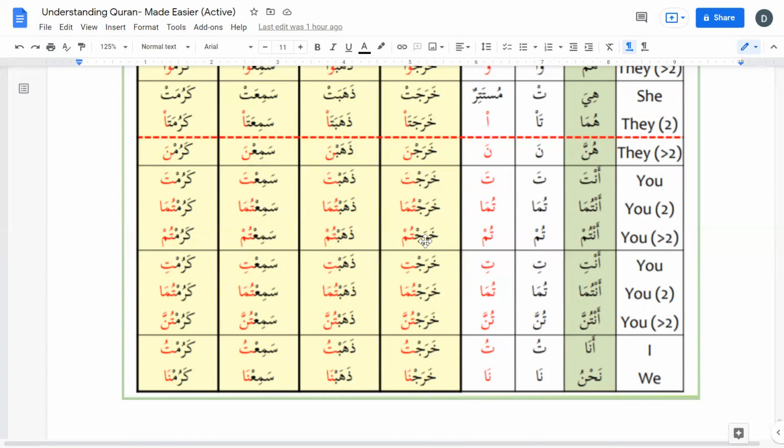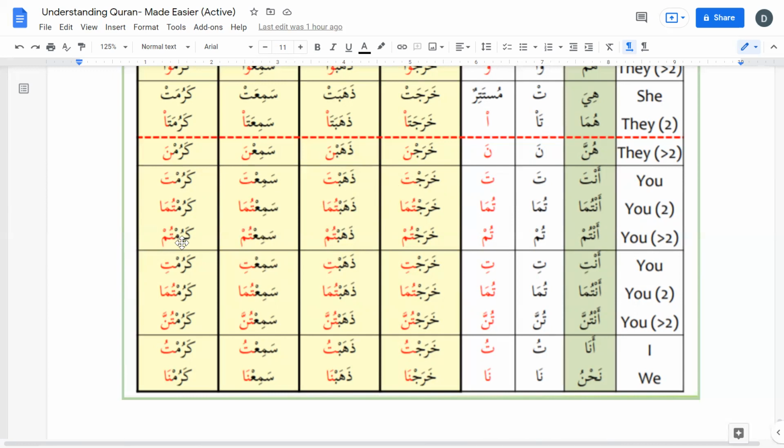Okay. So anta kharajta, anta zahabta, anta sami'ta, anta karumta. Then antuma kharajtuma, antuma zahabtuma, antuma sami'tuma, antuma karumtuma. Look, in zahaba and kharaja, the pattern is fa'ala. But in sami'a, the ain kalma, the second kalma, has a kasra, so it would retain this kasra: sami'tuma, sami'tum.